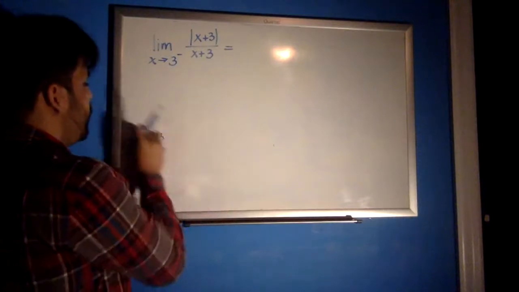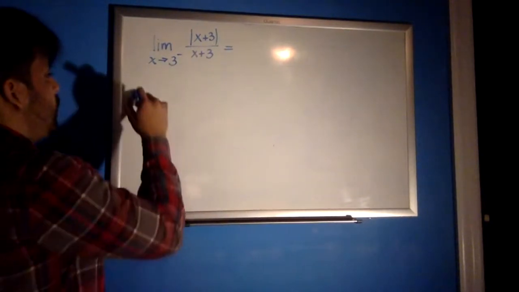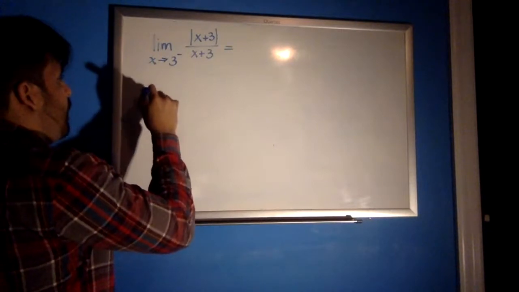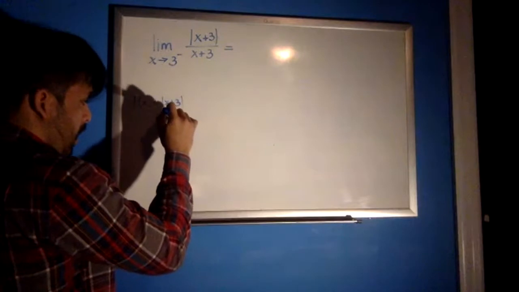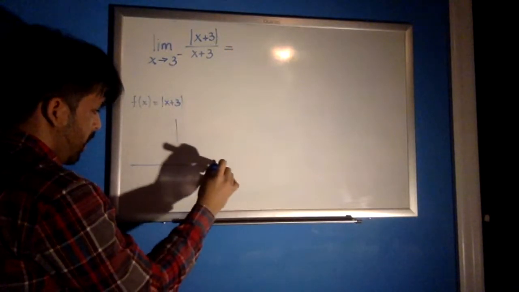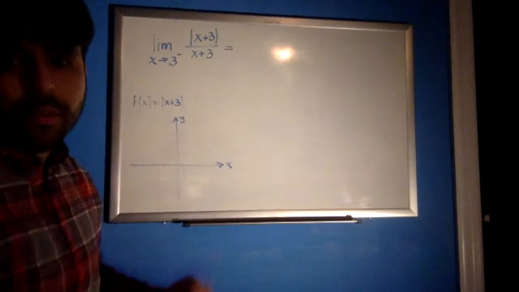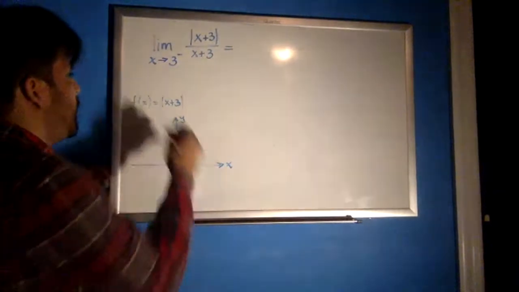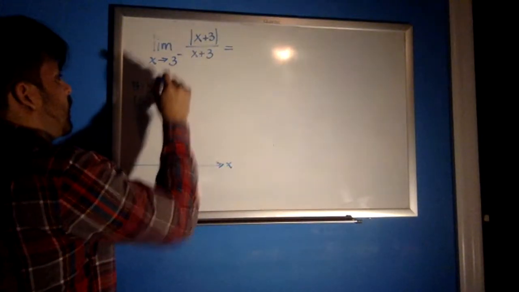Actually, what I'm going to do is represent this graphically. What's the graph of x plus 3? Hopefully with that, you'll see it a little more clearly. If you remember from pre-calc, transformations of functions, what would be the parent function? Y equals absolute value of x.